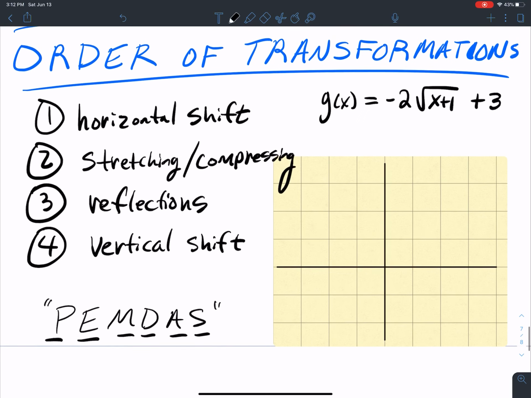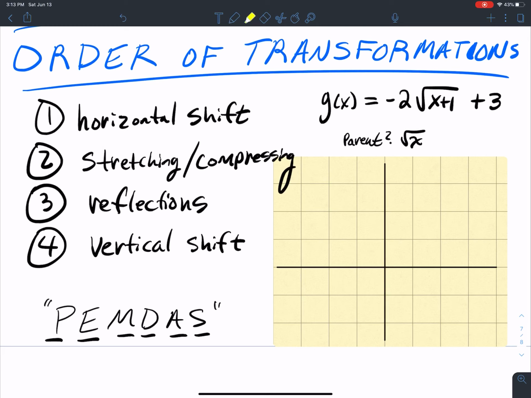And I want to know what all the things are that are happening to this. The first thing I take care of is the horizontal shift. Now, I need to know what the parent function is. Who's the parent here? The parent function is the square root of x function.